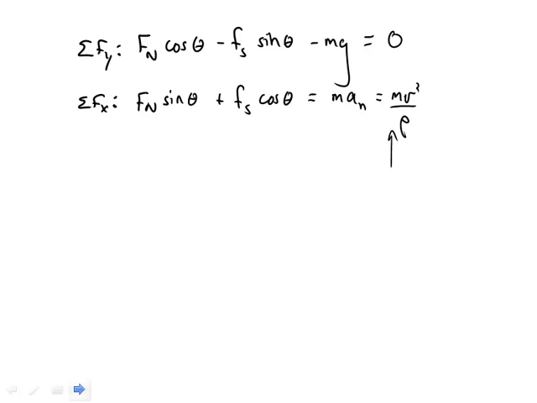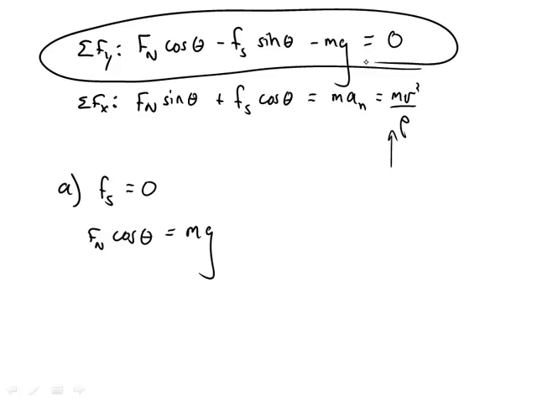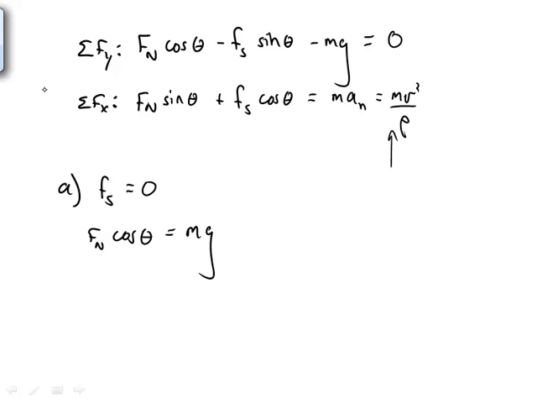Let's start putting things together. Recall in part A, F static is equal to 0, because I'm at the rated curve speed. So F static equals 0 in part A. What that means then is that F normal cosine theta equals mg. All I've done is rewrite the y equation.